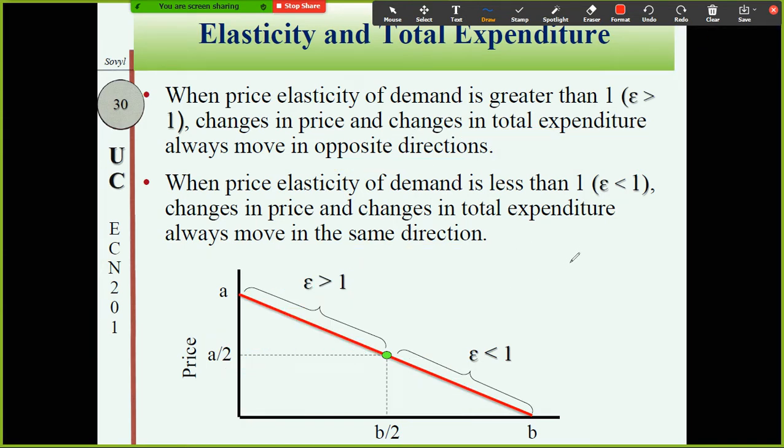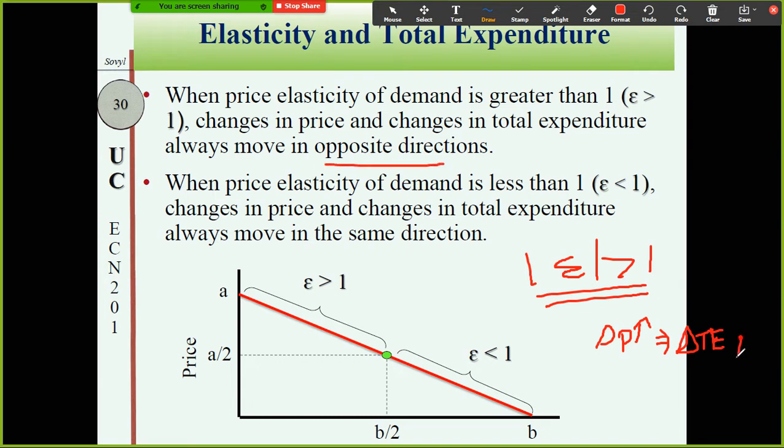So when you find that epsilon is greater than 1, elastic, when the price goes up, what happens to your total spending? Does it go up or go down? Opposite direction, go down.